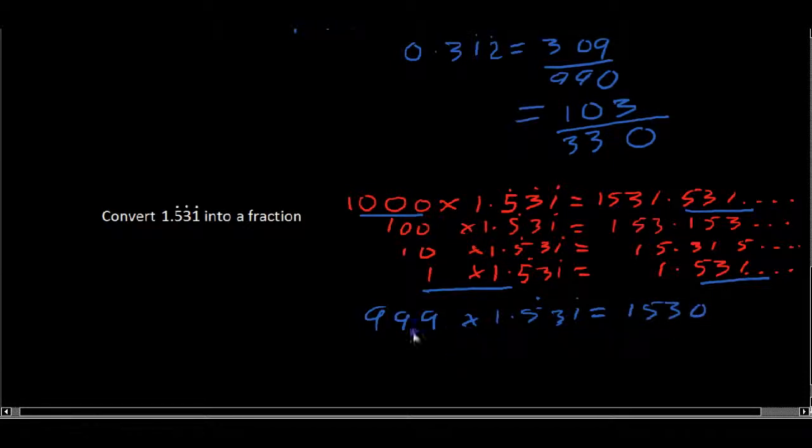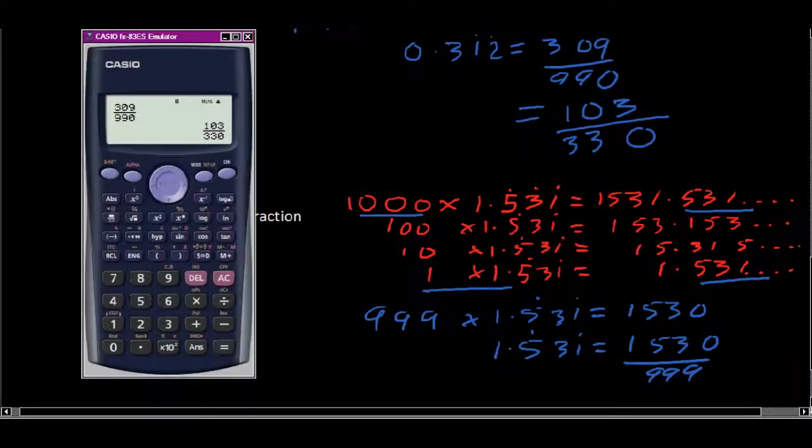1530. So we're going to divide by 999 to get what 1 lot is, like we have before, and we get 1530 over 999. Again, you can use your calculator to check. So let's just cancel that and put that in, and we get, what was it, 1530, just so you can see how you can use your calculator.